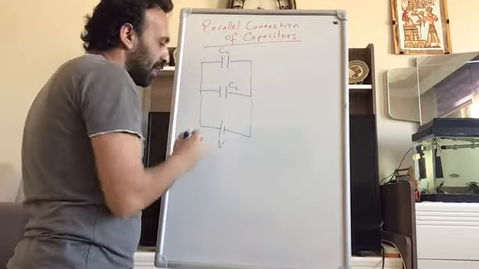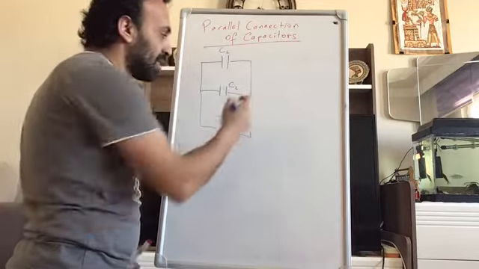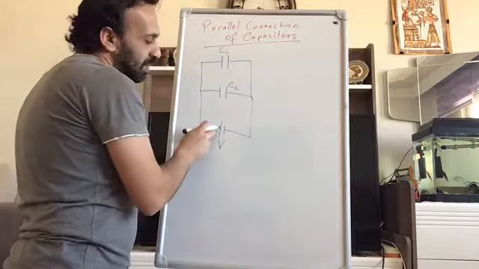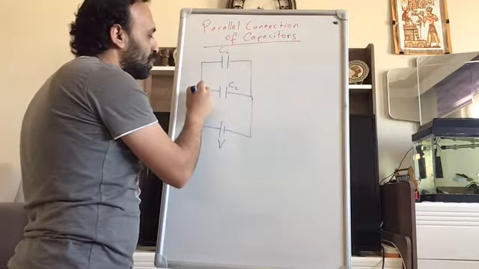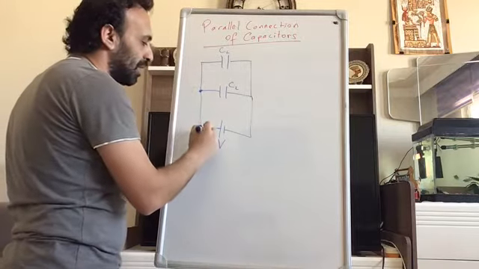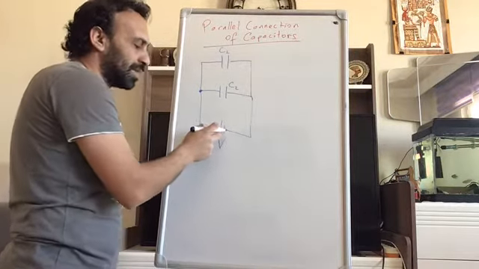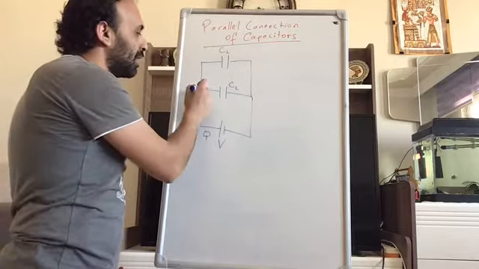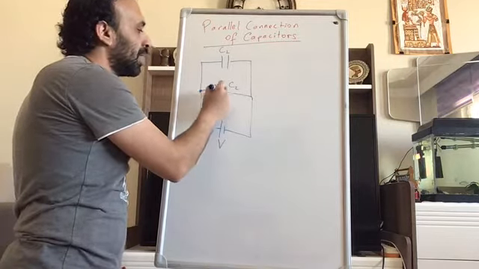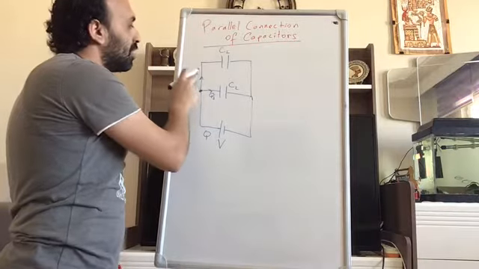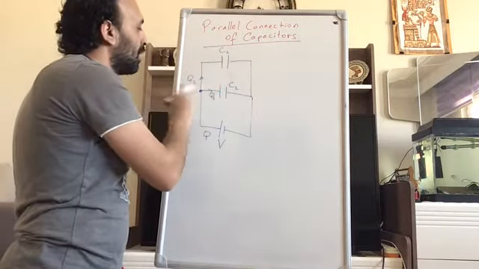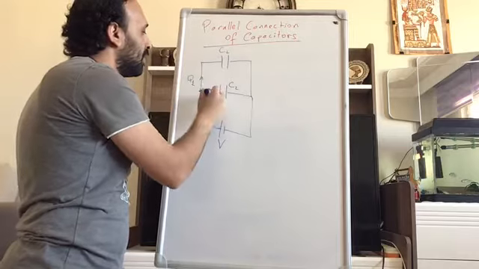Now, in the same discussion, the charges will start moving from this side, but it's going to be split here at this point because there are two ways. So if the total charge I send from this power supply is Q, at this point it's going to be Q1 here and Q2.